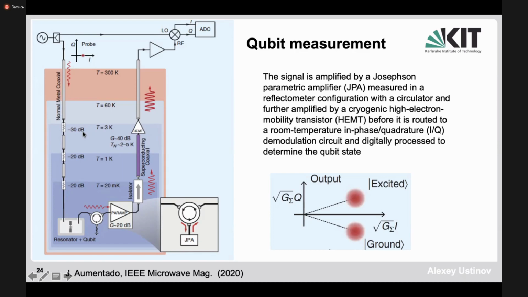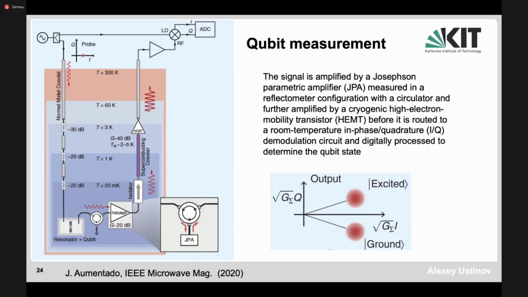Basically here, like 30 dB or 29 dB of power is going to the ground, and only 1 dB is going through. And then this division of power between the power dividers at different temperatures basically leaves only a few photons of useful signal and brings down all the noise, which is certainly smaller than the signal at room temperature. The noise photons all go to the ground here. So only a few photons of useful signal are left.